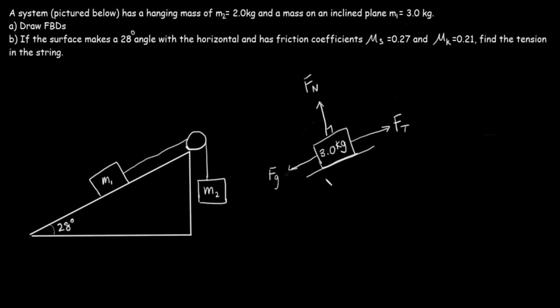Now, since the question is giving you, in Part B, the coefficient of friction, we can assume that there's a friction force. Now, should the friction force go to the left or to the right? To be honest, I'm still not very sure about this, but in general, in these questions, friction is to the left.